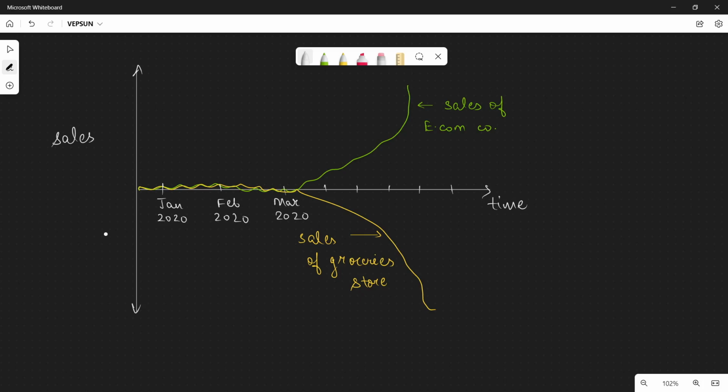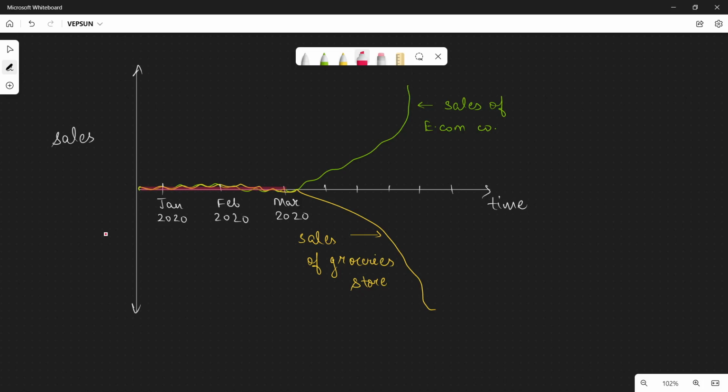If you realize what I'm trying to explain, you will figure out that for a considerable amount of time, the sales of both your e-com companies like Flipkart, Amazon, all these things, as well as the sales of grocery stores were more or less same. There was not much of a difference between the two.